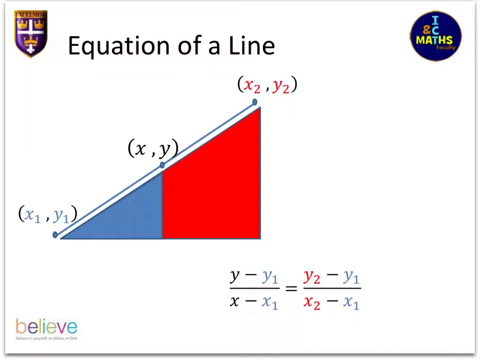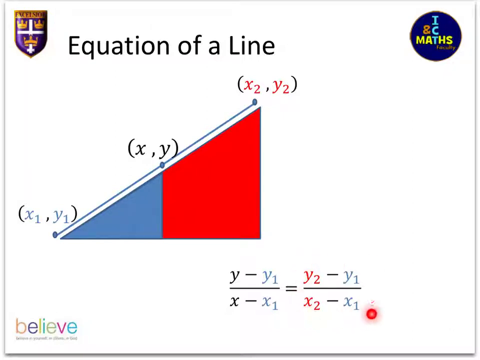So you should be able to follow this explanation here. I've got 2 sides to an equal sign, and this left hand side is my comparison of lengths on the blue triangle. So the top of here is the change in the height, if you like, from the blue triangle, and this one is the horizontal distance of the blue one.